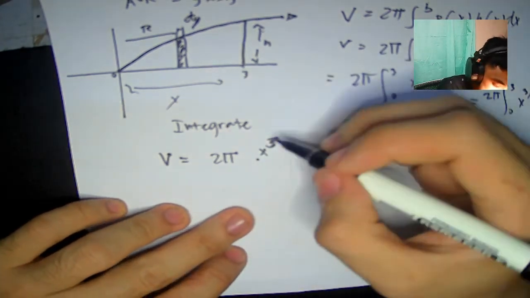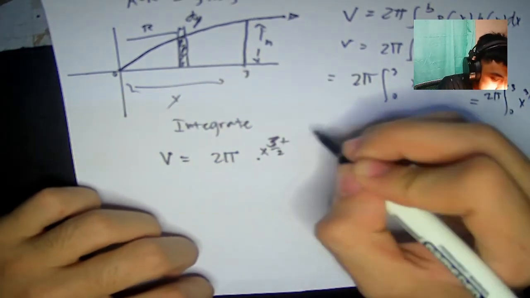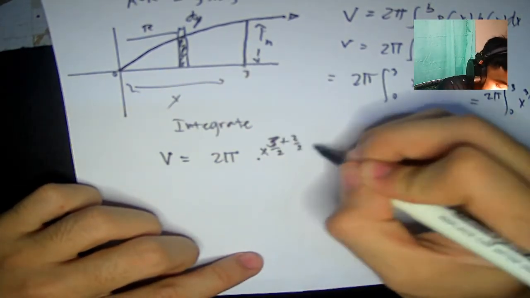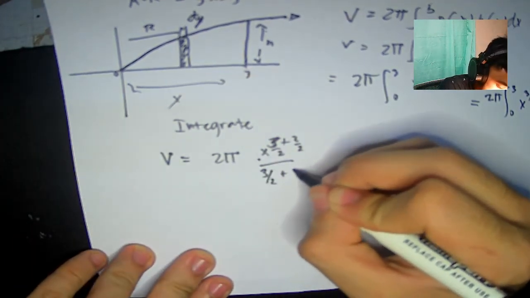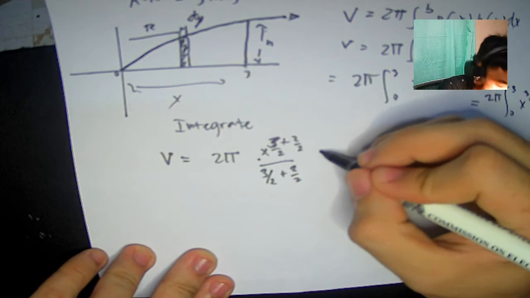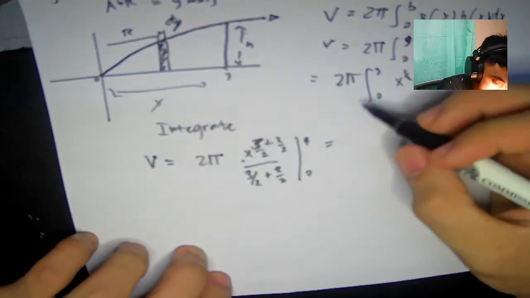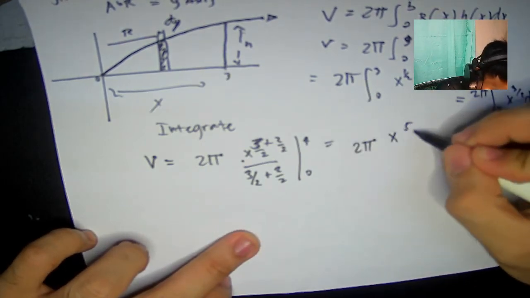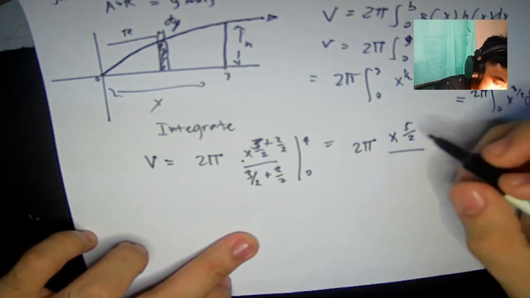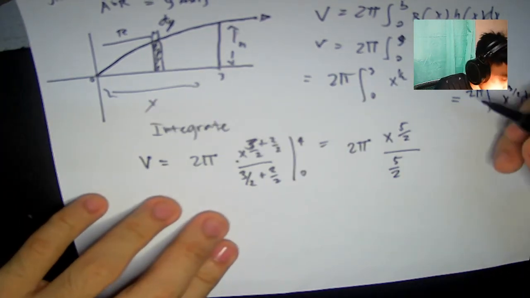So 3 over 2 plus 1, so 2 over 2, 3 halves plus 2 over 2, for 0. You'll have what? 2 pi times x to the 5 over 2 over 5 over 2.